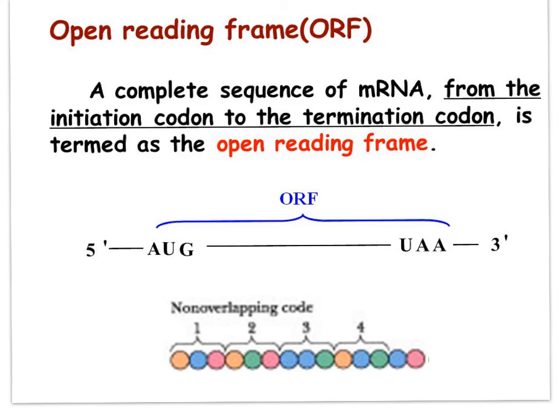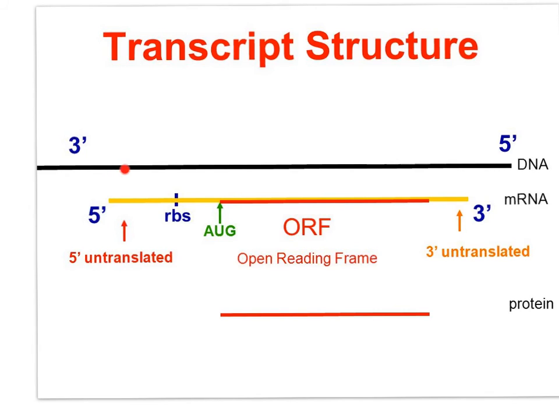In this slide, the open reading frame is stated in RNA language. The open reading frame begins with a start codon and ends with a stop codon. Here is the transcribed segment of DNA. This is the gene, oriented 3 to 5, because the mRNA is transcribed 5 to 3.